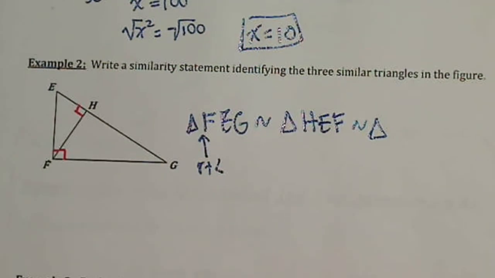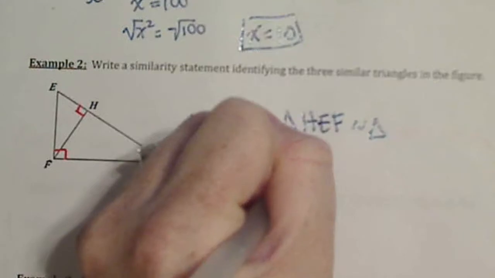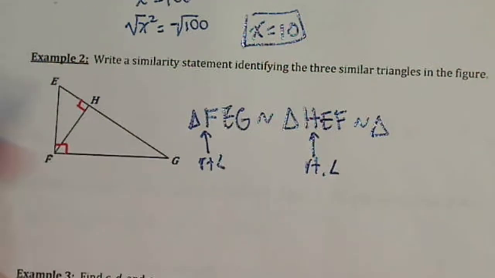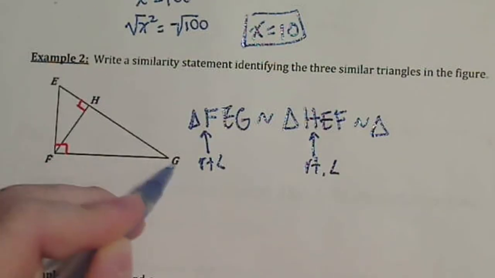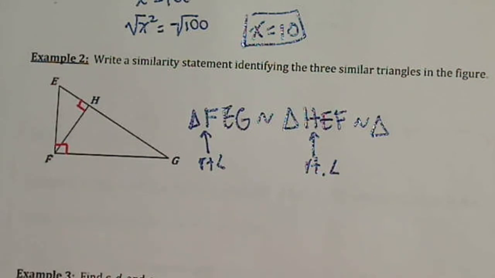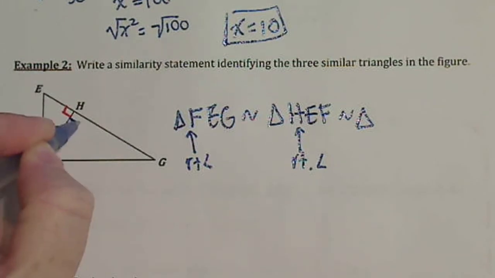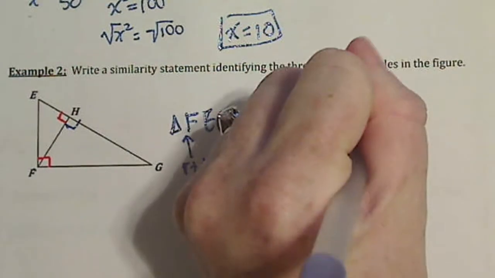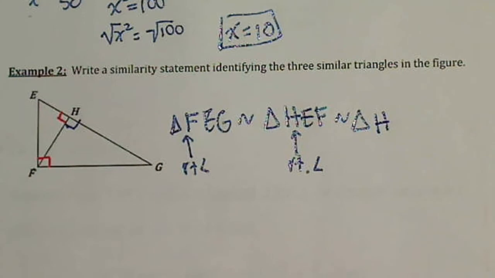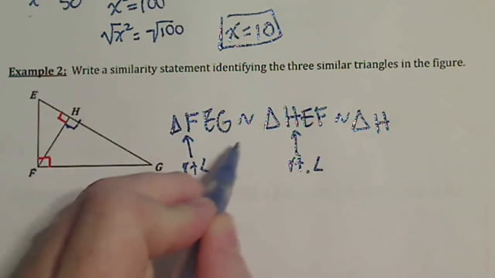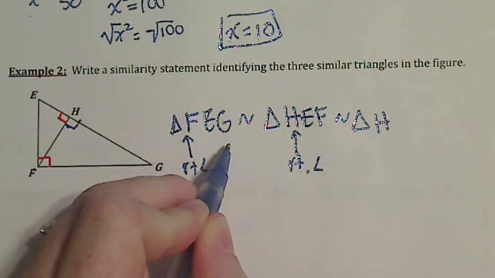And now we're going to look at the last triangle, this one right here, F, H, and G. So remember, I started with my right angle. Where's my right angle in this triangle? It's right here, angle H again. So H, okay. Now, do I put F or G first? Notice G is the same as in the big triangle. So G in the big triangle was last.